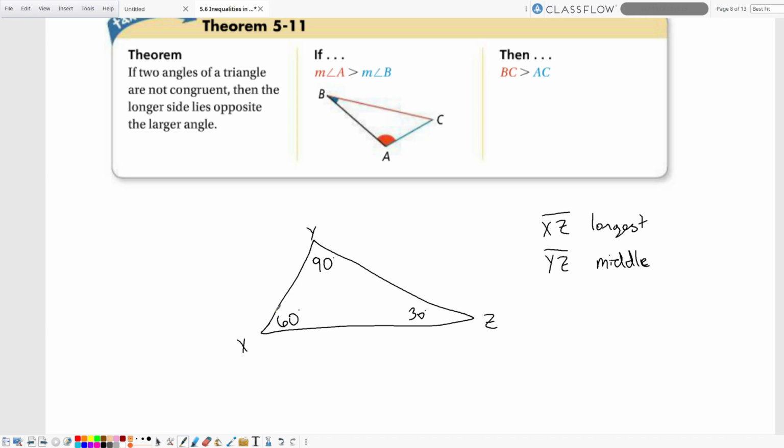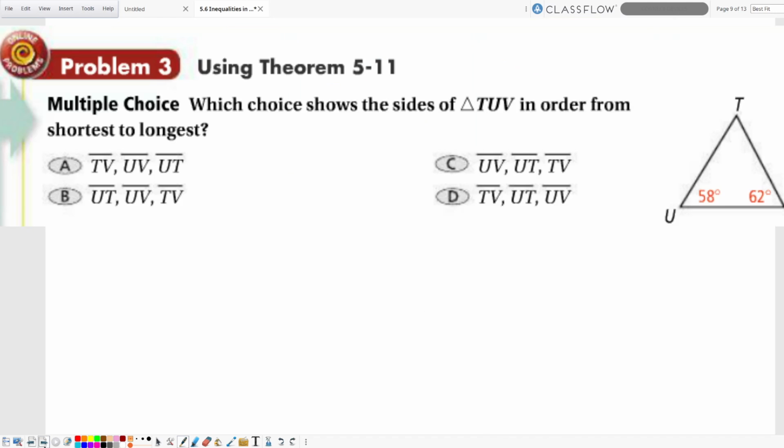Opposite of 30 degrees is side XY. So XY would be the shortest side. So we're kind of doing the same thing we were doing with the sides previously, except now we're looking at angles, and based off of the angles, we can determine what sides are the longest or the shortest.